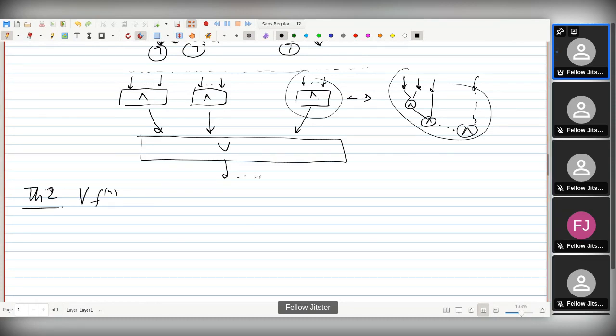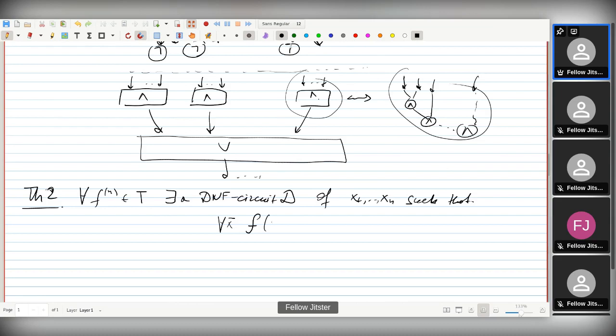For every Boolean function of n arguments, there exists a DNF circuit, that is a circuit of this form, of variables x1, xn, such that for every x, f of x is just the function our circuit computes.